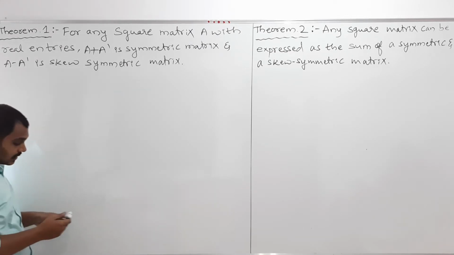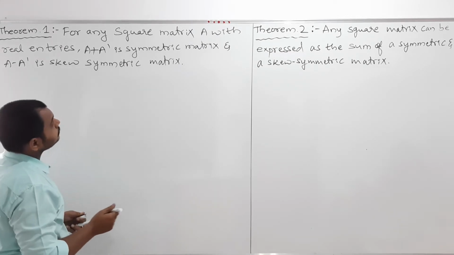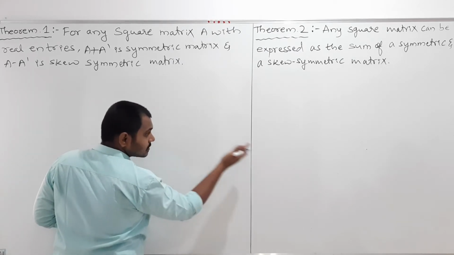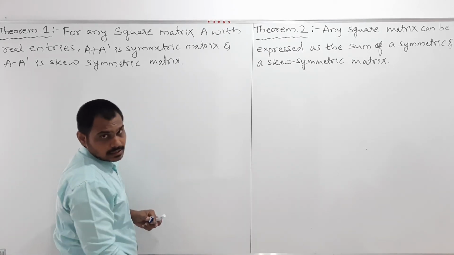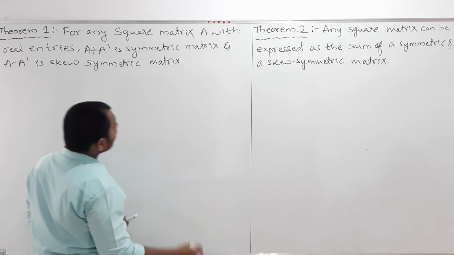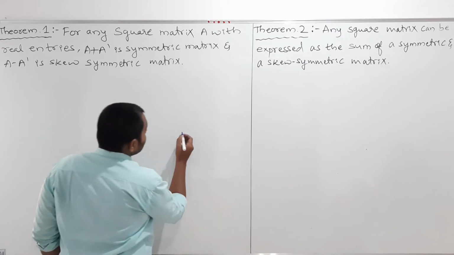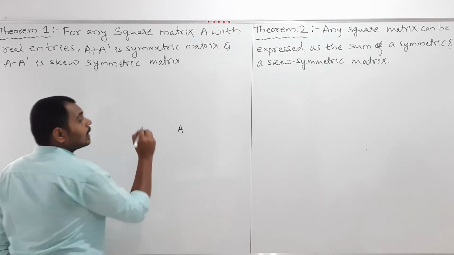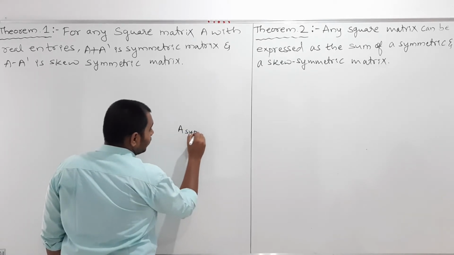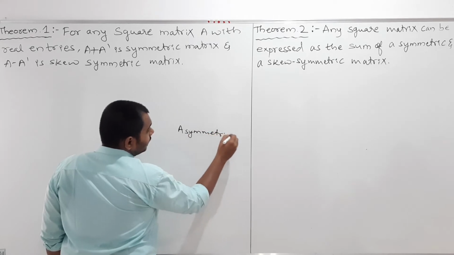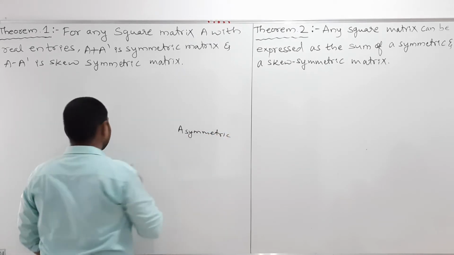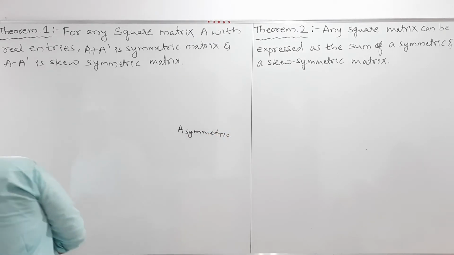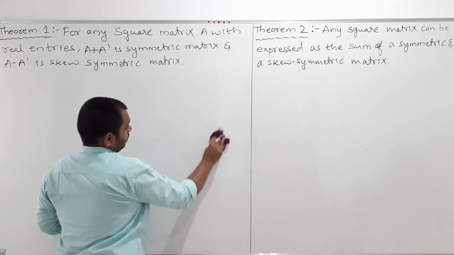To prove this result, first of all I will consider what I discussed just now, at the starting. What is that? A matrix A is said to be symmetric. I write it on this side because I need this place here.